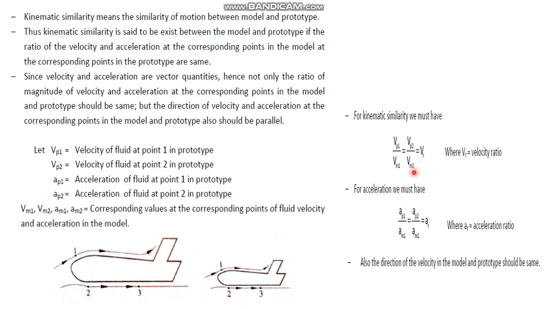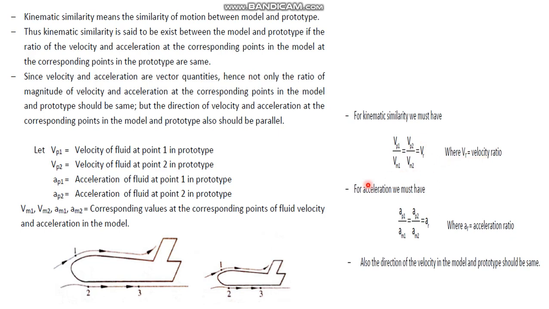The ratio of corresponding velocities at corresponding points in the prototype as well as the model should be the same. Only then can I say that there exists a kinematic similarity between the prototype and model. That is, VP1 divided by VM1 equals VP2 divided by VM2, and this ratio is called the velocity ratio.